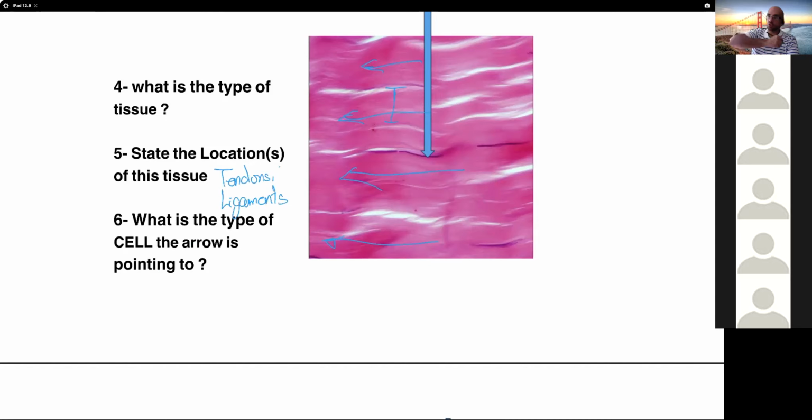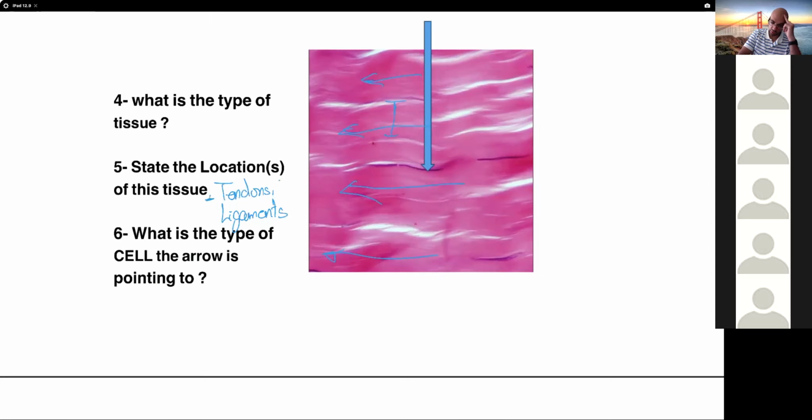A joint capsule lets you move your joint in many directions without rupture, so that's irregular. So not joint capsule: tendons and ligaments.